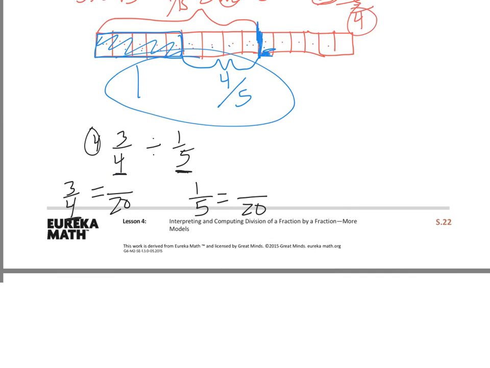So from 4 to 20, it's 4 times 5. So I have to multiply by 5 on top because I have to have a 5 over 5. That's a 1 whole. So I'm not changing the value of 3/4, I'm just changing the unit of it. So 3 times 5 is 15. 5 times 4 is 20, so I have to do 4 on top because, again, I have to have 1 whole.